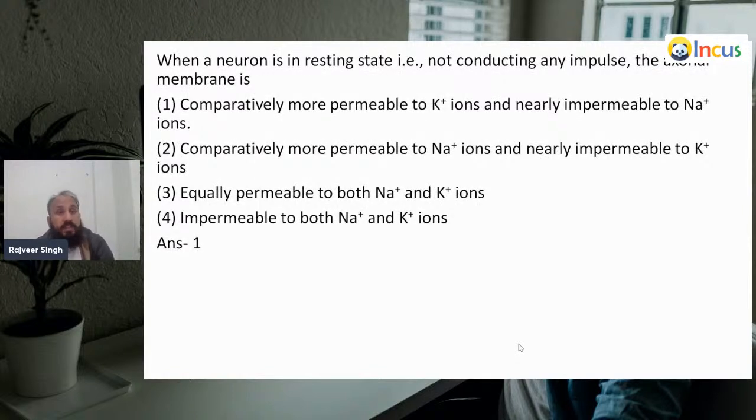Next question: when a neuron is in a resting state, meaning it is not conducting any impulse, the axonal membrane is comparatively more permeable to potassium ions and nearly impermeable to sodium ions; or comparatively more permeable to sodium ions and nearly impermeable to potassium ions; or equally permeable, or impermeable. The answer will be the first: comparatively more permeable to potassium ions and nearly impermeable to sodium ions. So this is the right option.